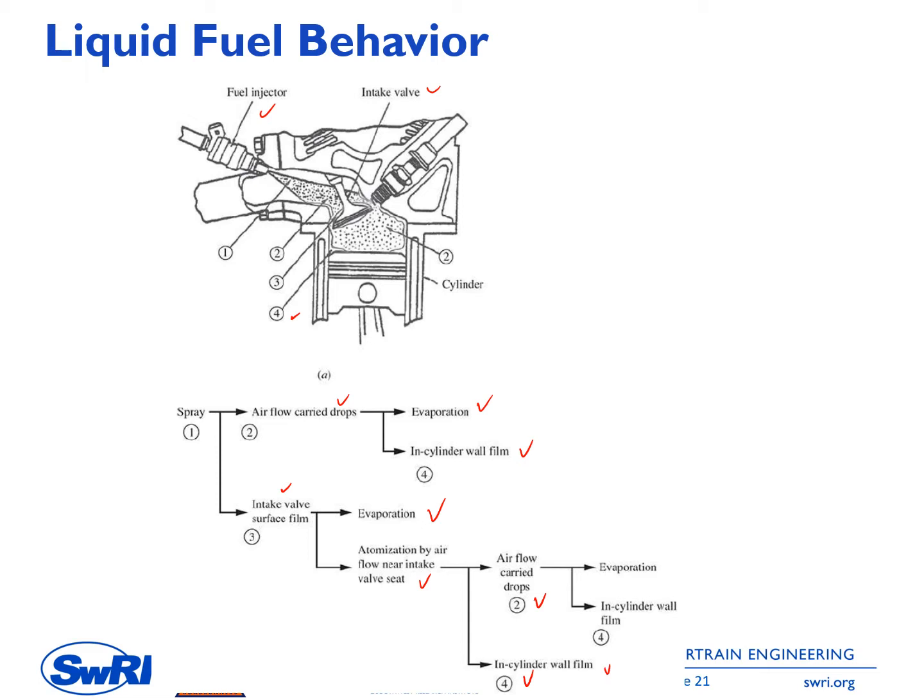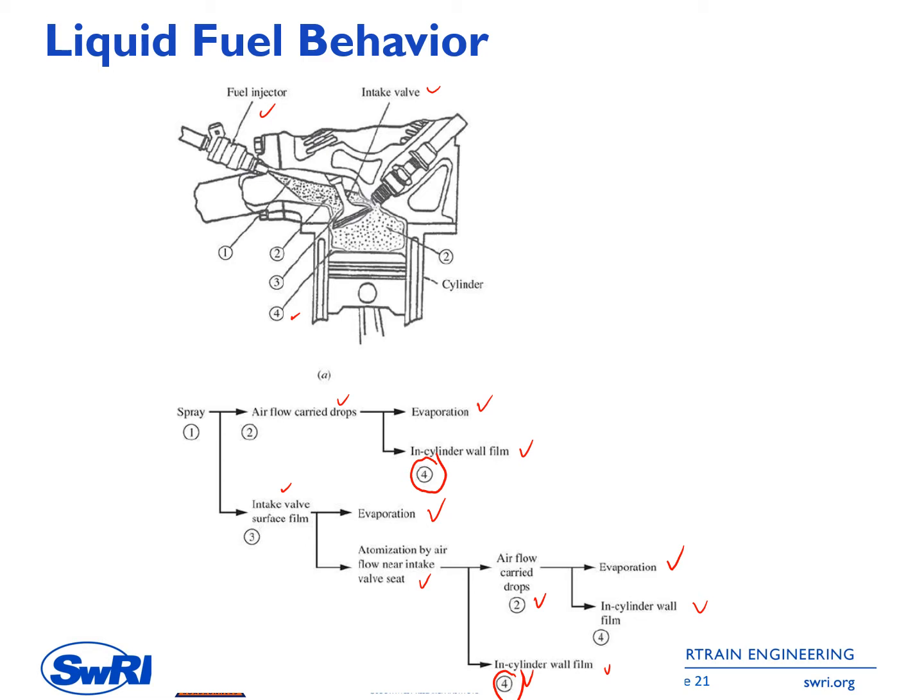This portion is the same as this one, but it's coming from a different source. And then the droplet that is carried by airflow, number 2, will follow the same path. Some of this droplet will be evaporated to become vaporized fuel, and then the rest will be attached to the cylinder wall as film.